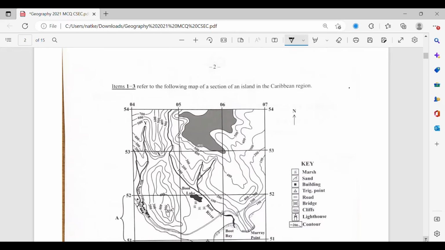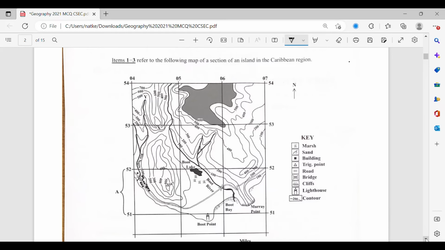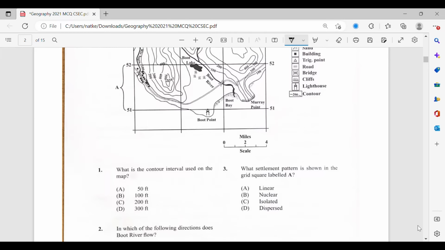Let's begin. Items 1 to 3 refer to the following map of a section of an island in the Caribbean region. So we are seeing the map. And the question says, what is the contour interval used on the map? For contour interval, that means the interval between the contours, what that is measuring.